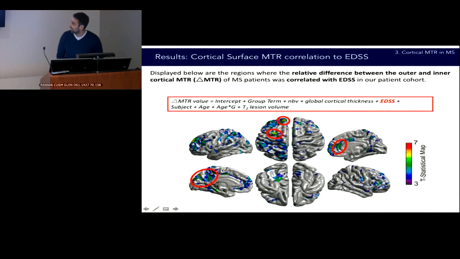The map shows in hotter colors higher correlations with EDSS for the gradient in MTR between patients and controls. Importantly, the gradient in MTR is normalized to the natural gradient in MTR values, which exists all over our brains.